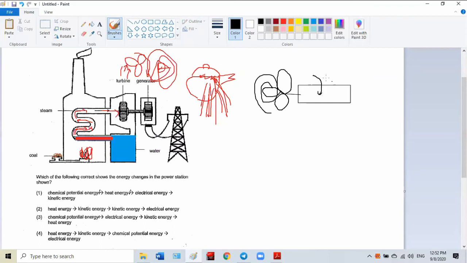If you can turn a magnet inside a coil of wire, this wire can produce electricity and light up a bulb.